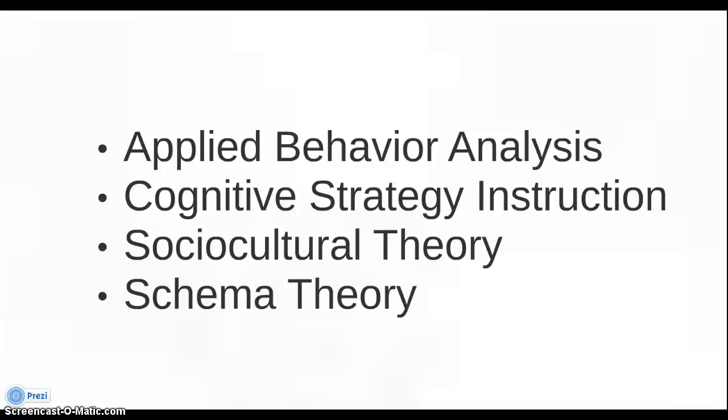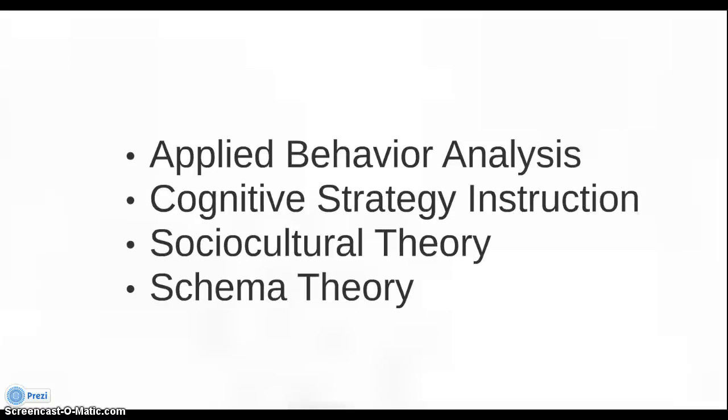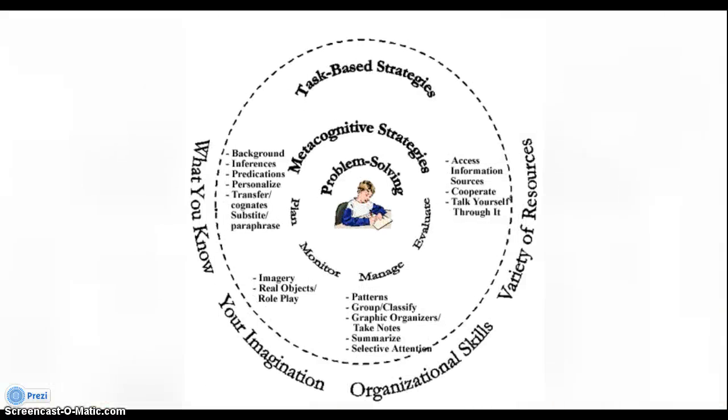Now we're going to look at cognitive strategy instruction. When we talk about cognitive strategies, we're talking about taking what we know, what we can imagine, how we can organize, and how we can respond in various ways. We're going to do task-based strategies.